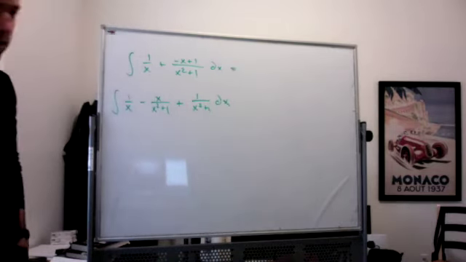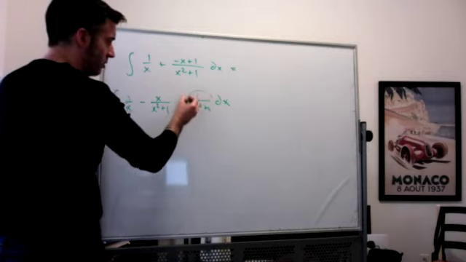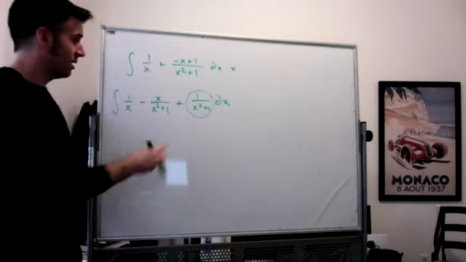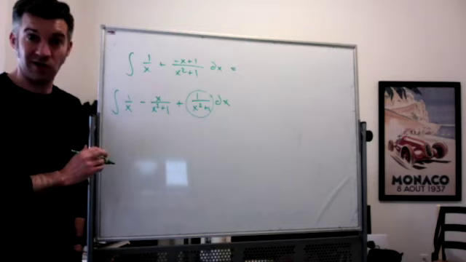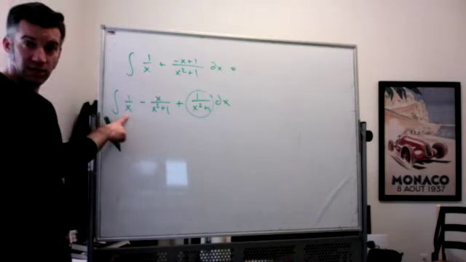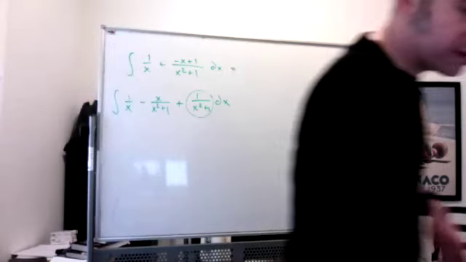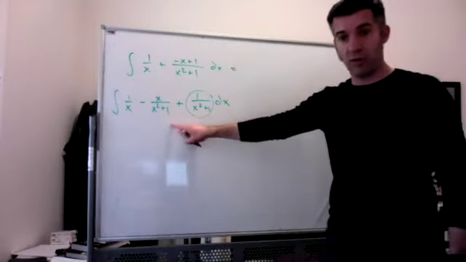And now here's what's going to happen. We know what to do with this. The integral of that is going to be the arctangent of x. This is going to require a u substitution, and this is going to be the natural log of the absolute value of x. So over here on the side, let's do this middle part real quick.